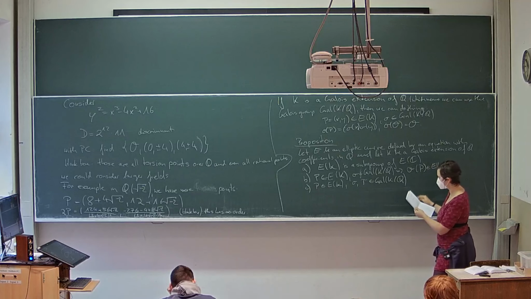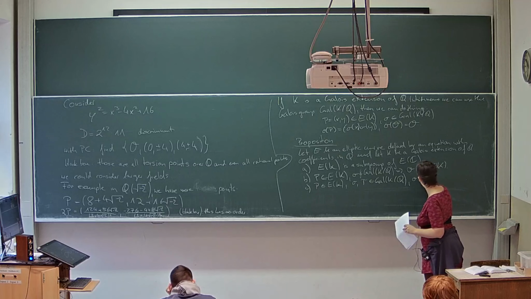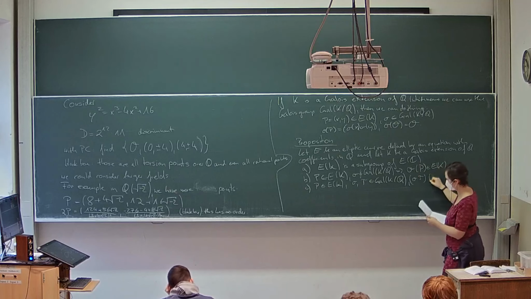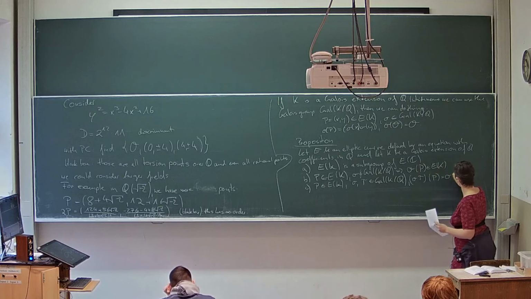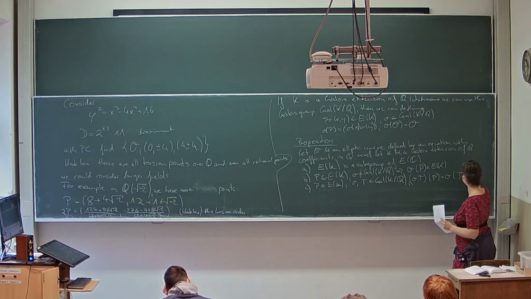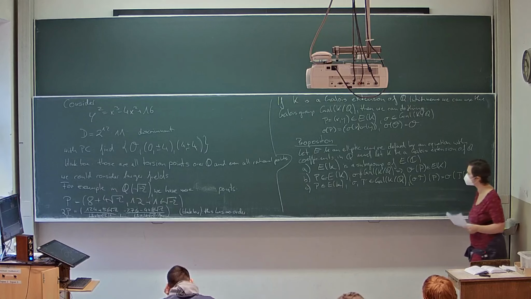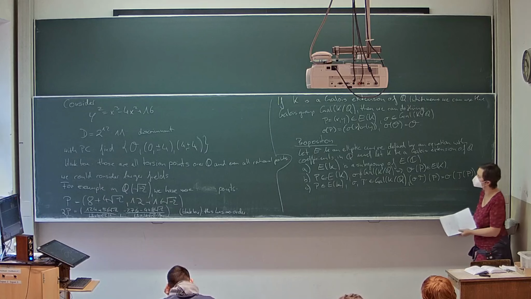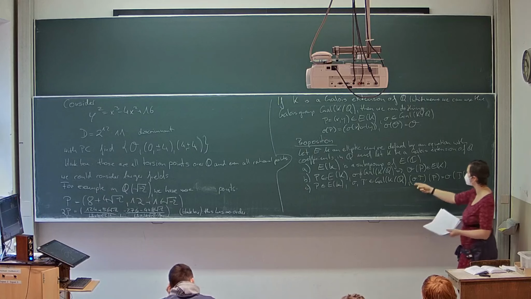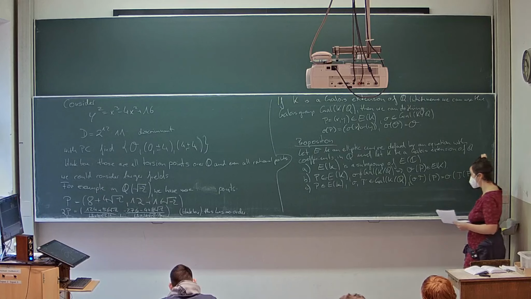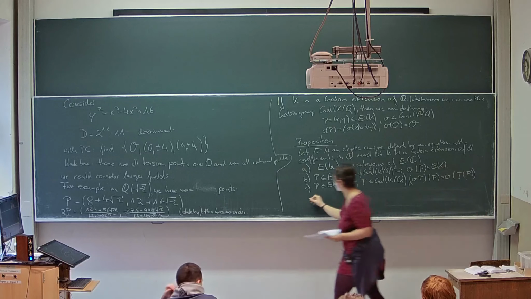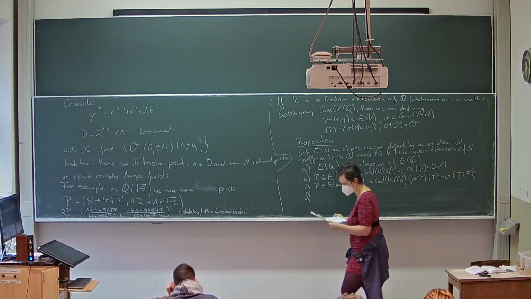So these two elements of the Galois group, and then this is just this. I think you can also prove this by just writing down the equations, and this is just a bit technical.